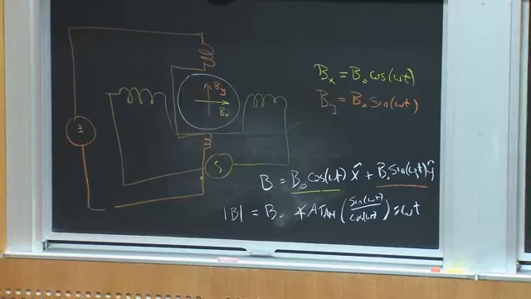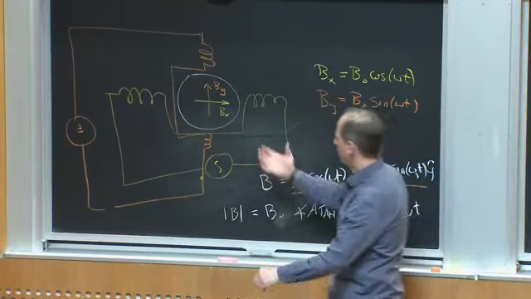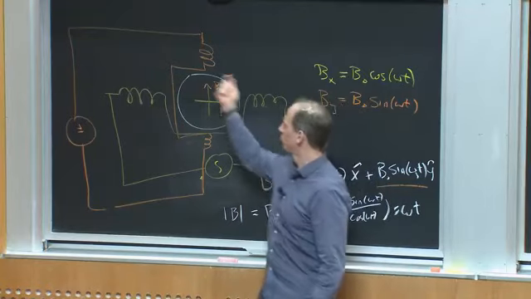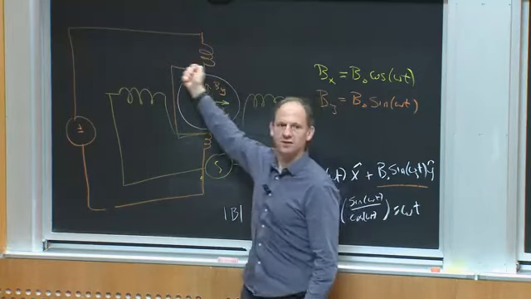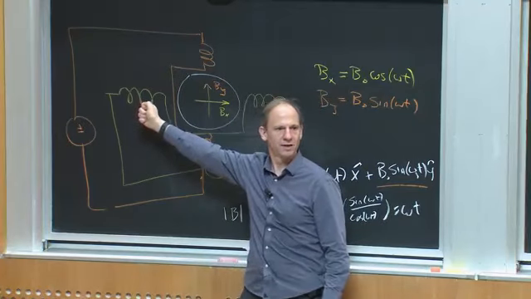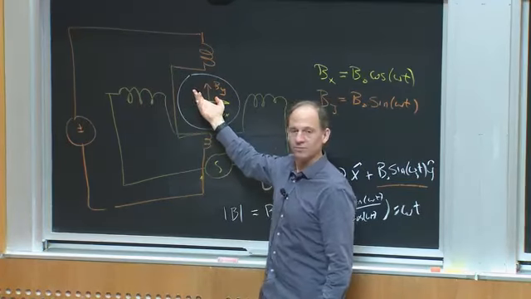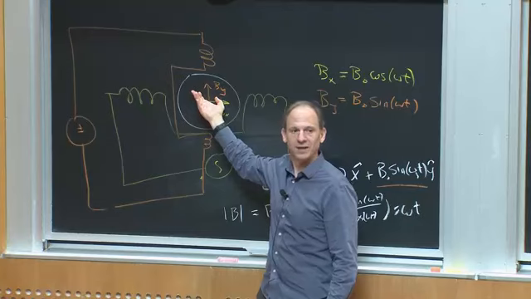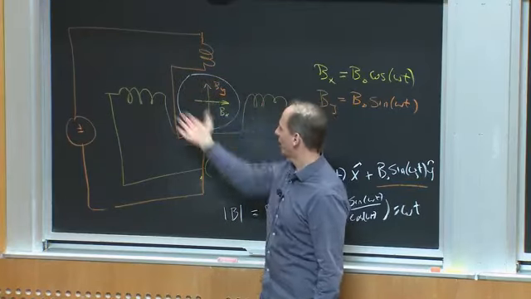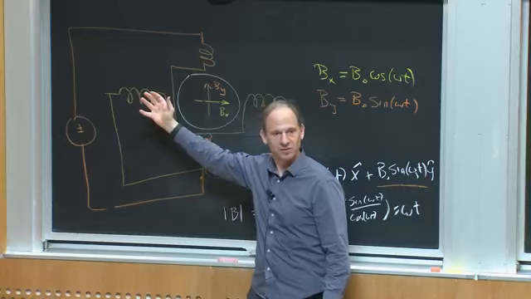Okay? So what that says is if I play this game, what I'm going to get is a net magnetic field that has constant amplitude and rotates in space with an angular frequency omega. Okay? So then if I put some sort of salient ferromagnetic material in here, or I put a magnet pole pair in here, I could make that rotate in space.